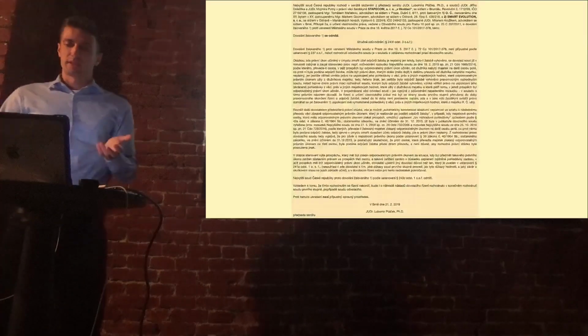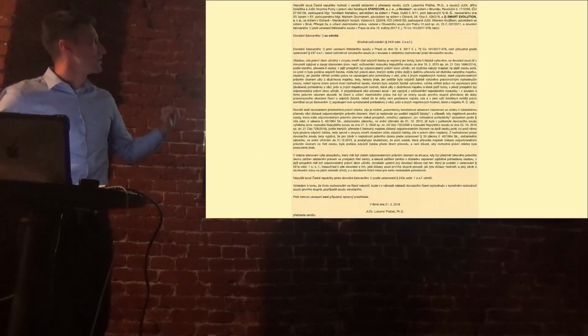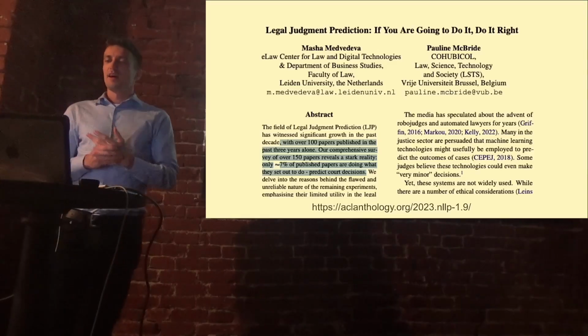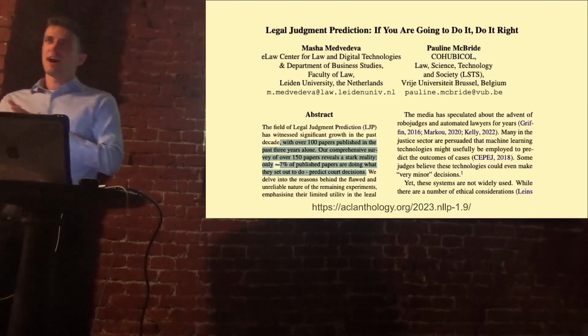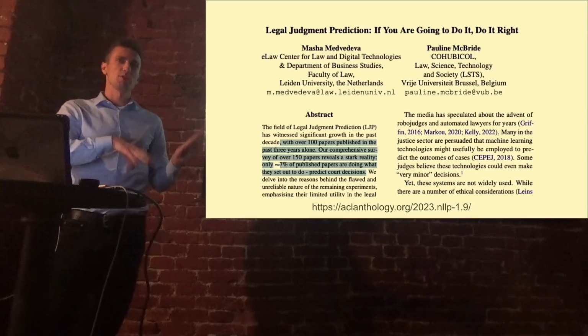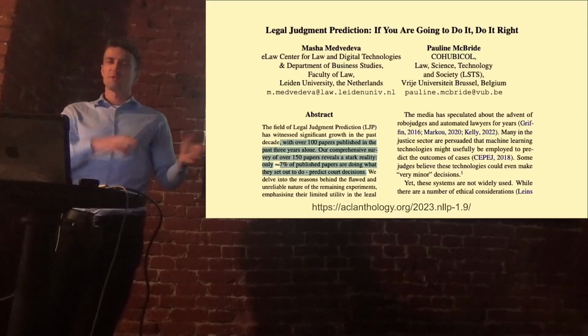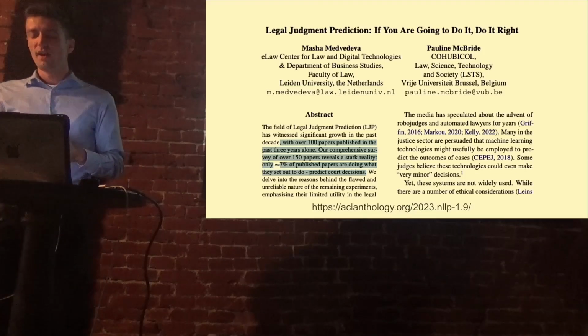It's a very specific topic. This is, for example, in Czech, it doesn't matter. And I was like, okay, can I predict how the court will rule based on the data which I can get publicly?